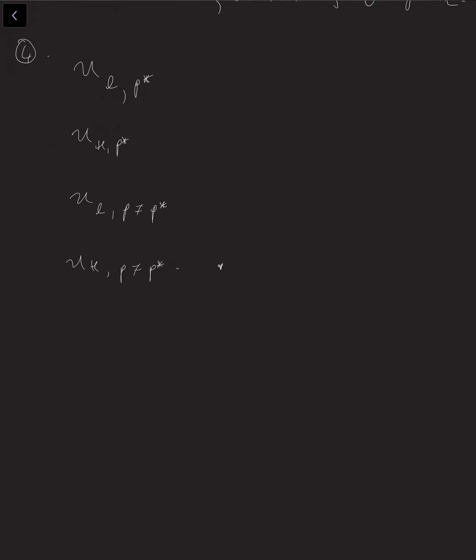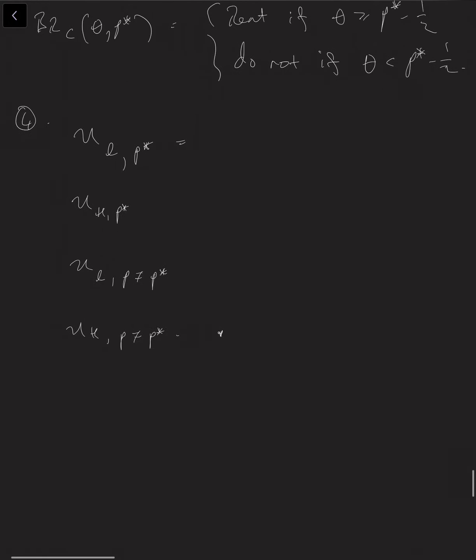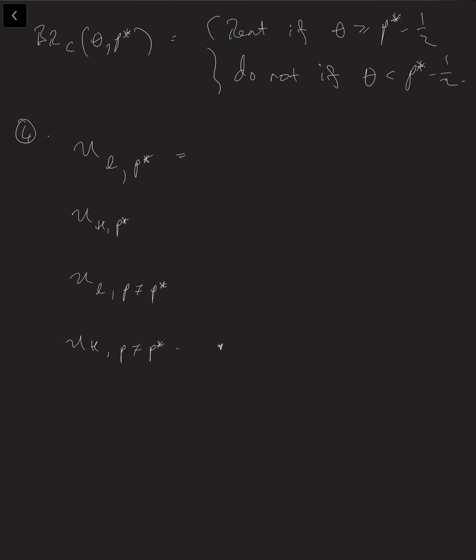So the utility that she gets from posting the low quality flat at P star. Well, this is obviously an expectation. So say she has a low quality flat, she's offering it at P star. Now if the customer accepts, she's going to get P star. But which types of customers accept?